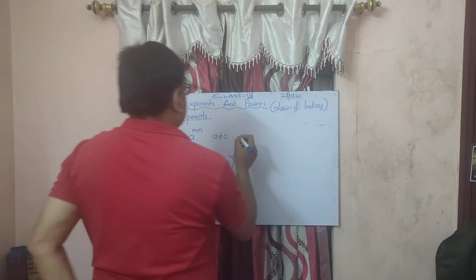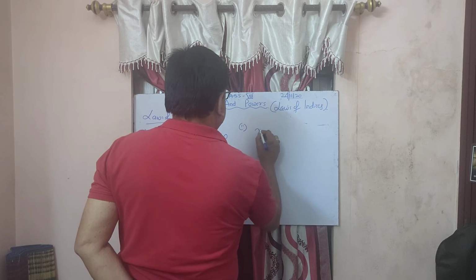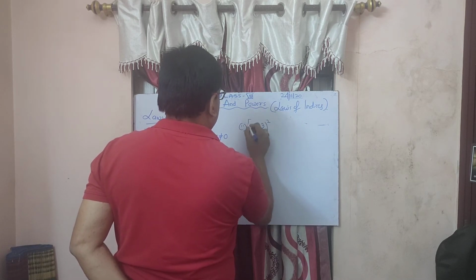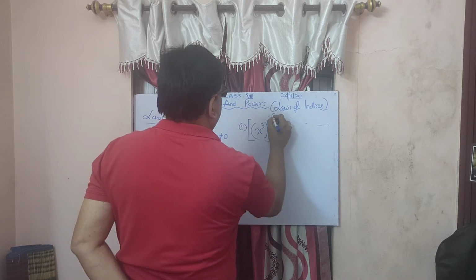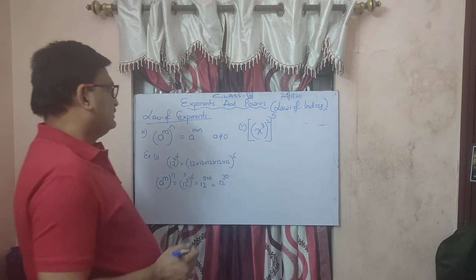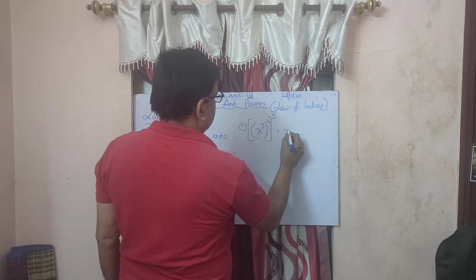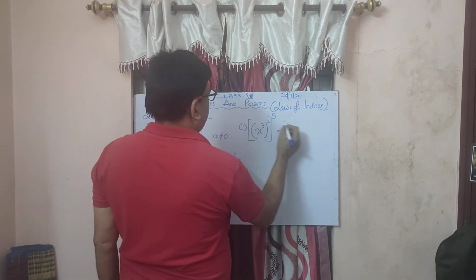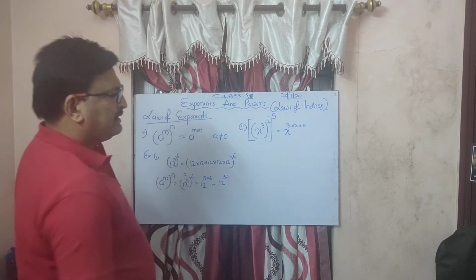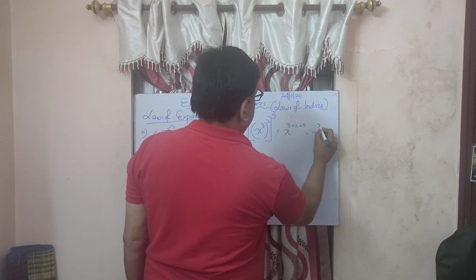We'll solve another example. x to the power 3, to the power 2, to the power 5. In this case, there are three powers. Again, the same thing: the base will be the same, so just multiply the powers. 3 times 2 times 5 is 30.